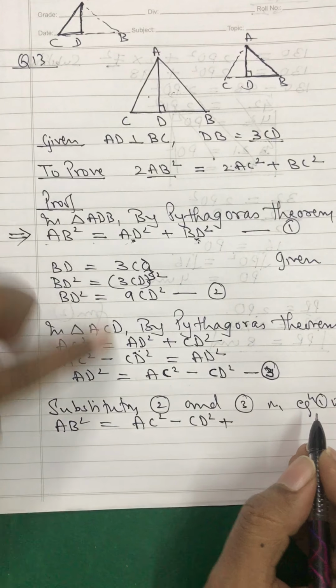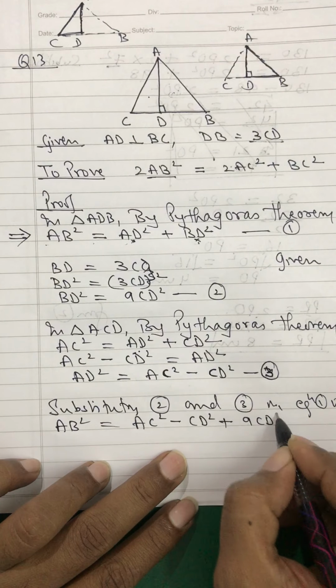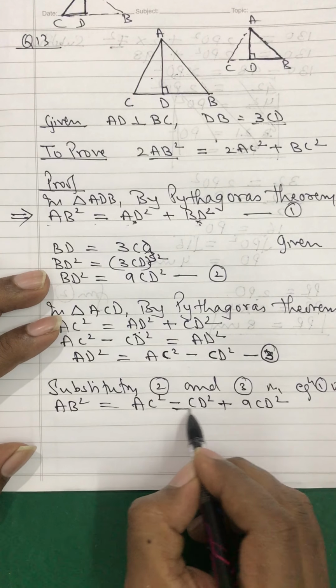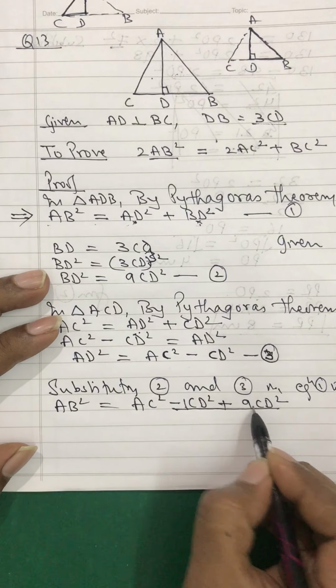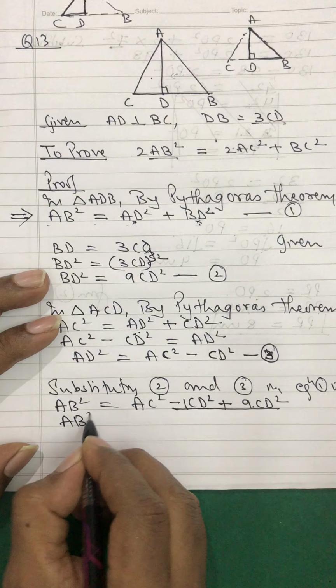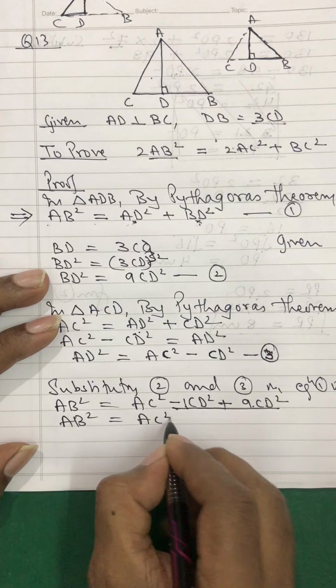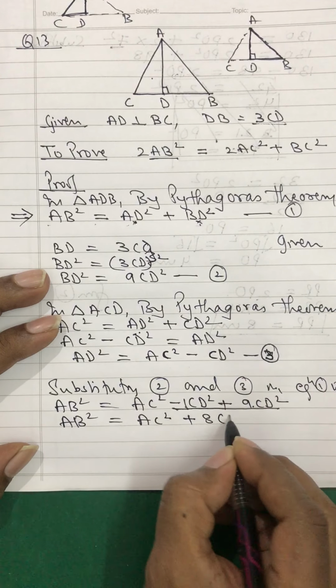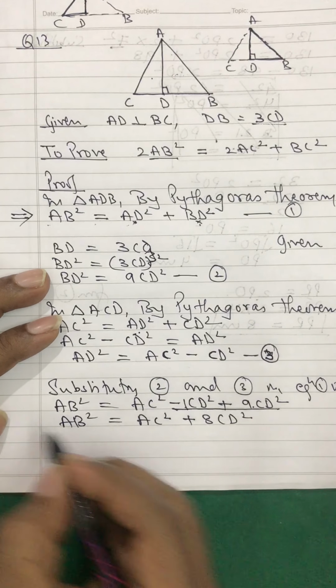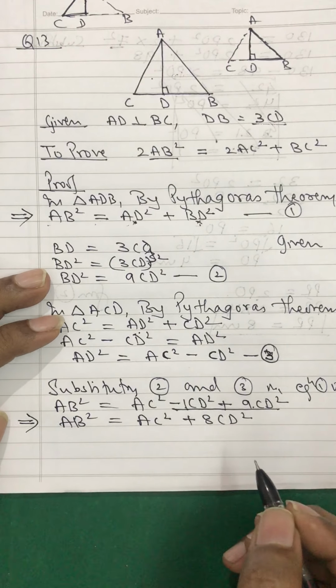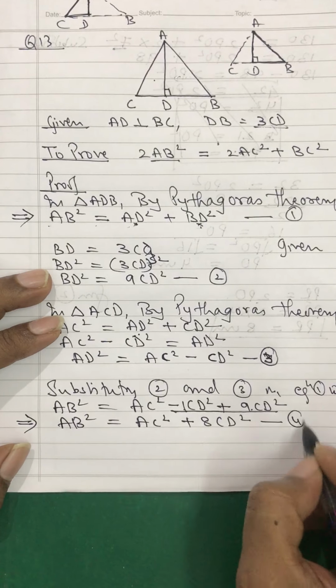In place of BD square I will write 9 CD square. Fine. I can solve these, they are like terms. Minus 1 plus 9 plus 8 CD square. This is very important, my dear students, that you should know the sign of the greater number will come over here, and this becomes my fourth equation.